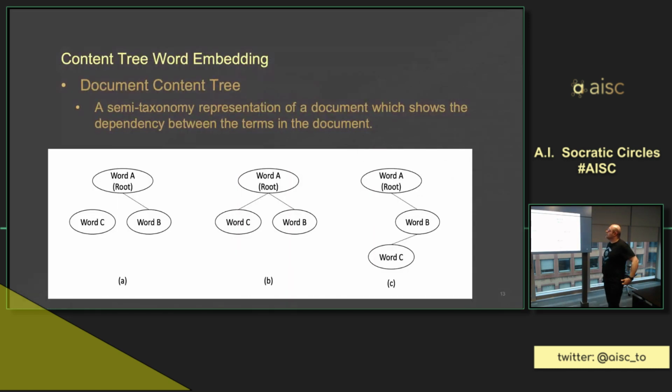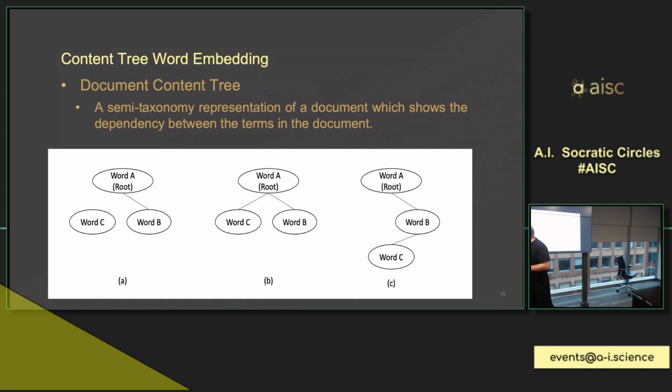Okay. The solution that we used in this study came from this structure, which we call the document content tree. It's a semi-taxonomy representation. It's not actually a real taxonomy. It's a semi-taxonomy representation of the document, which shows the dependency between the terms in the document.